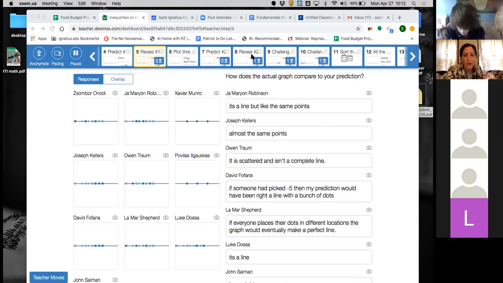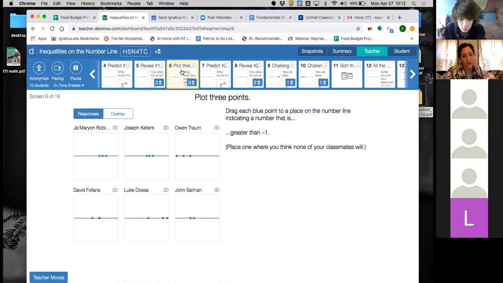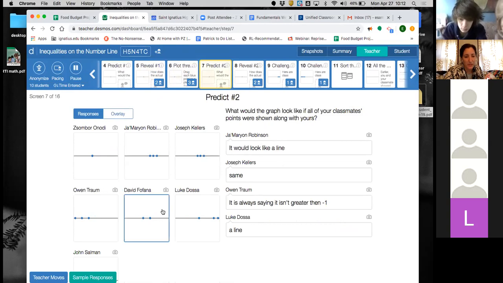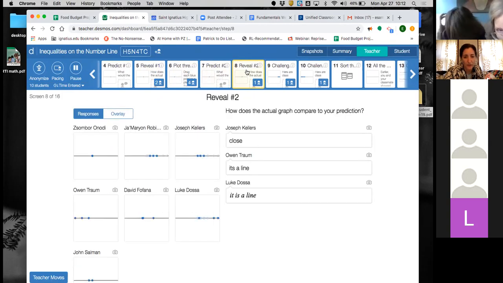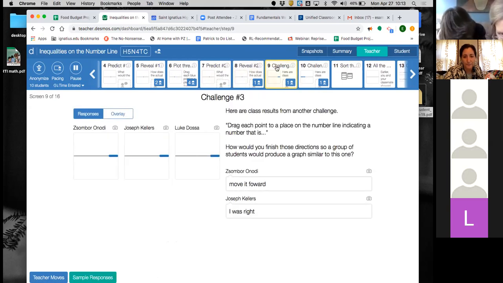All right, so people are working along, and your goal is to get to slide 11. It's going to be the same style on the next cards. You're going to go greater than -1. So we start to see people's points are greater than -1. Okay.